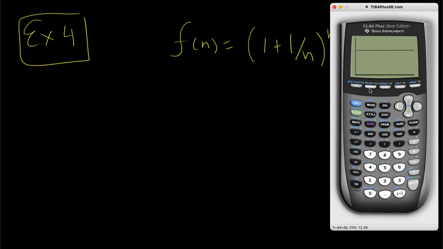So I think this is a 3 up here. 1, 2, 3. We go back to y equals, try 3, and graph it. Okay, I think it's lower than 3, but it's higher than 2. It's maybe 2.75 is what I would try.